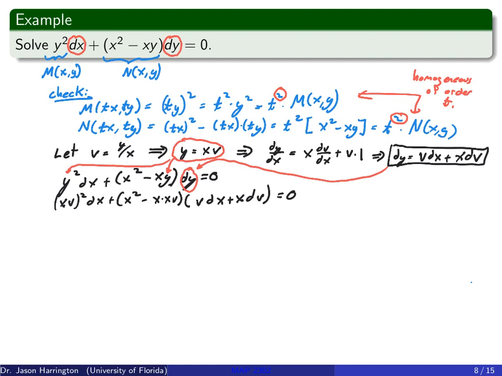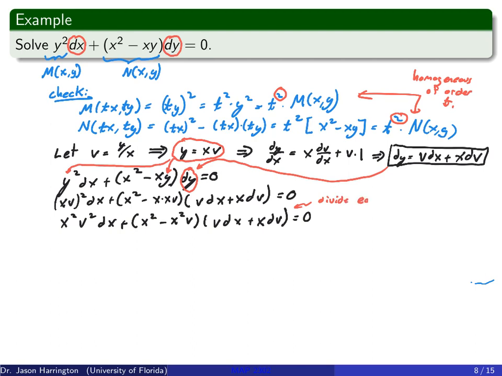Okay, so now we just need to clean it up a little bit with some algebra. I'm going to write this as x squared v squared dx plus x squared minus x, I'm getting that from this term up here, x squared times v, and then in the parentheses I'm going to keep this the same.